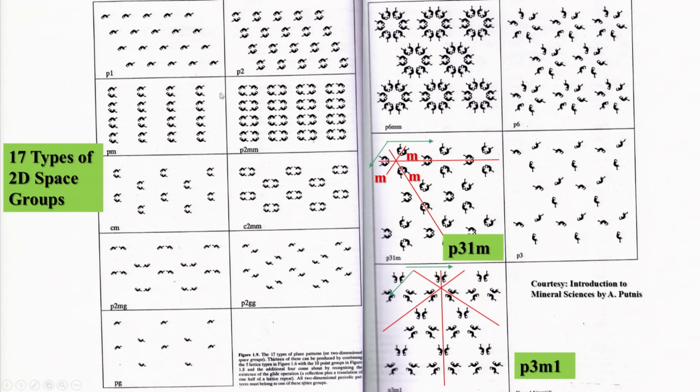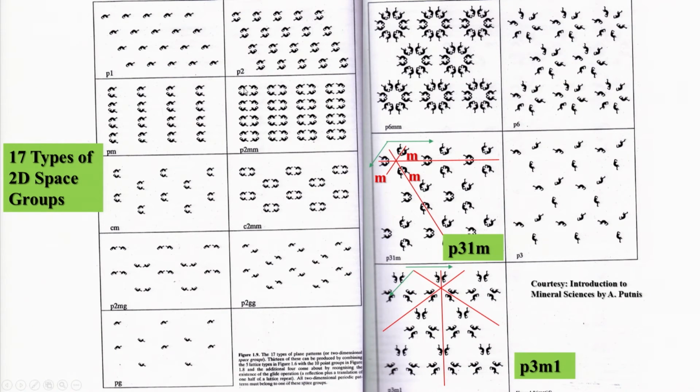Then you have a situation where you start with this dinosaur and you orient a mirror plane of this orientation. Immediately, after reflection, this dinosaur will produce this dinosaur here. And if you also orient another mirror plane of this orientation, what will happen?